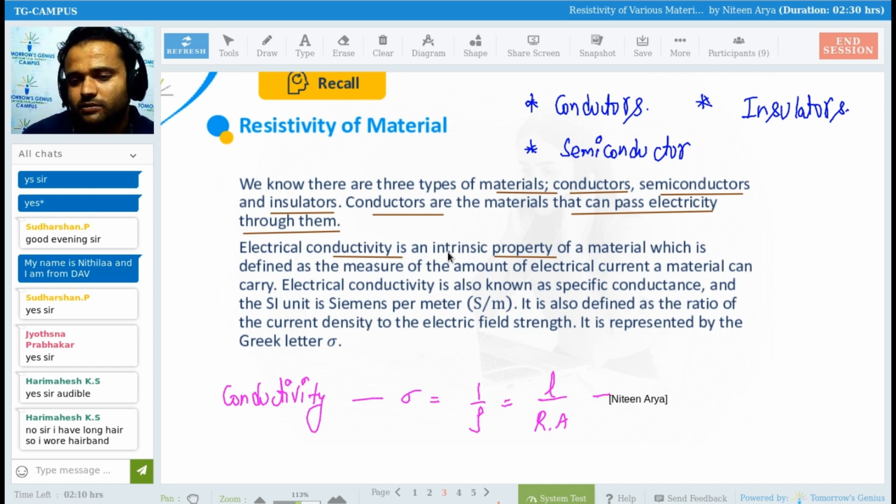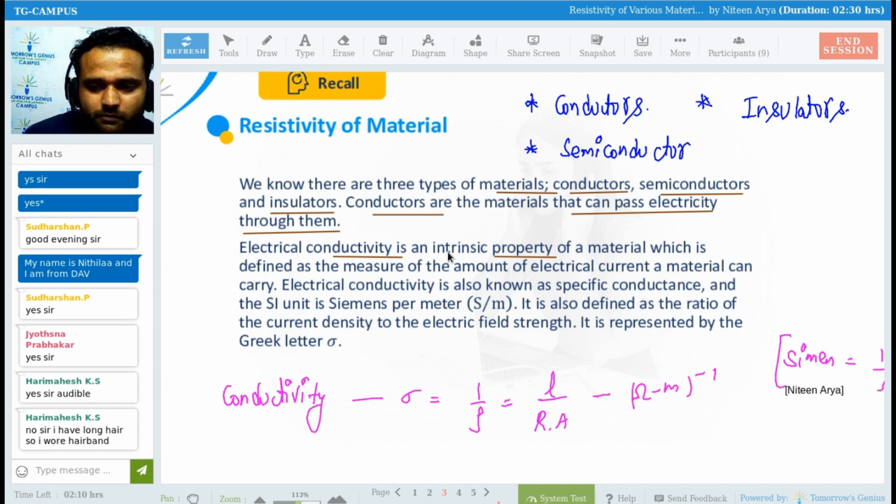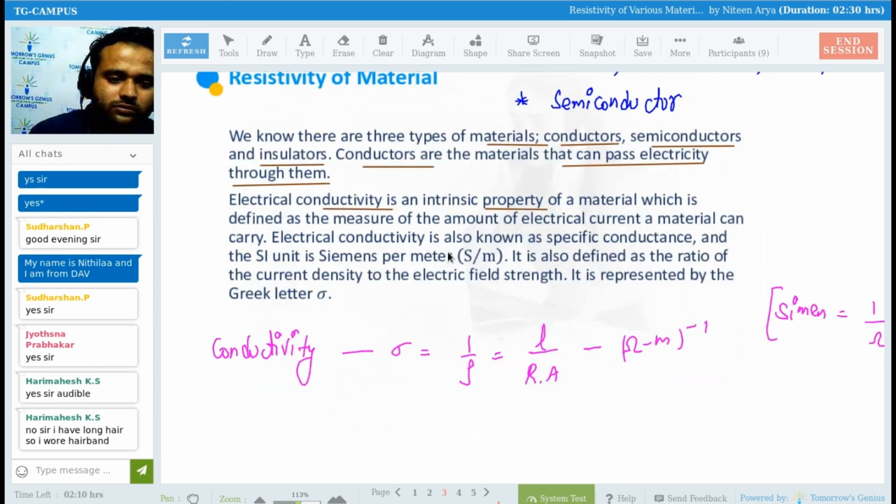Anything, I mean 2 or 3 examples of semiconductor also. So this is going to be this inverse, and that is Siemens per meter. So Siemens is what? 1 by ohm.